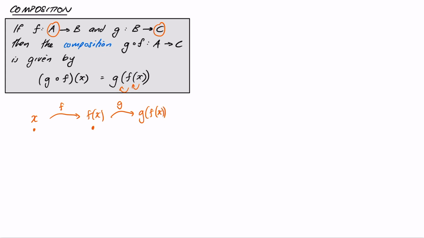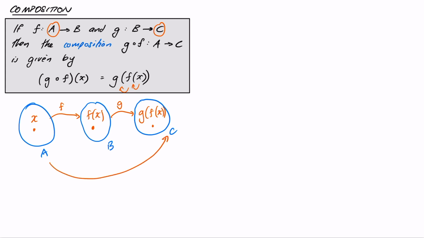To illustrate which sets those came out of, the result is in C, the result of the first one is in B, and our point x itself started in A, so our composition mapped from A into C directly in one hit. So that's loosely speaking what composition is. When we compose two functions together, it gives us a new function which goes straight to the final set, bypassing the other two.